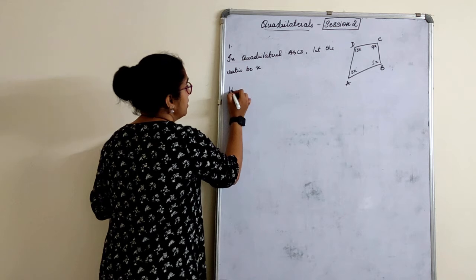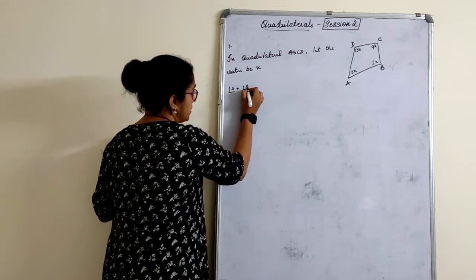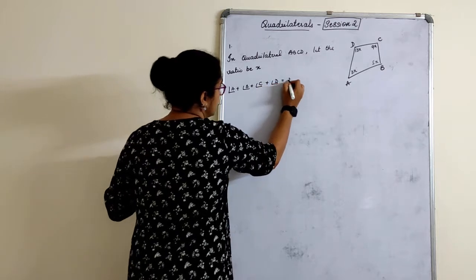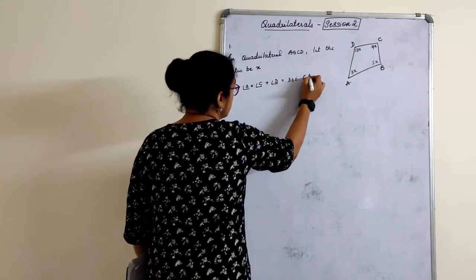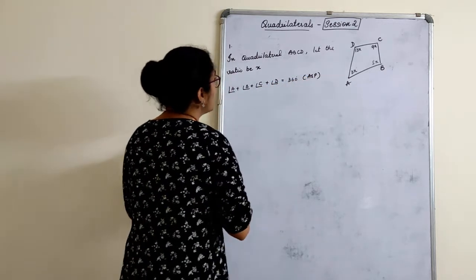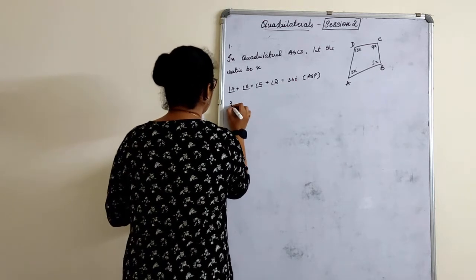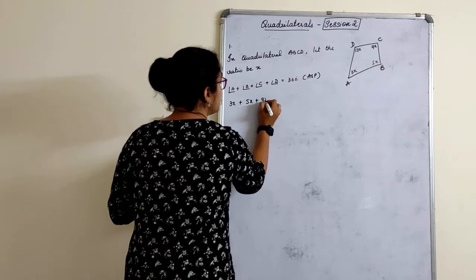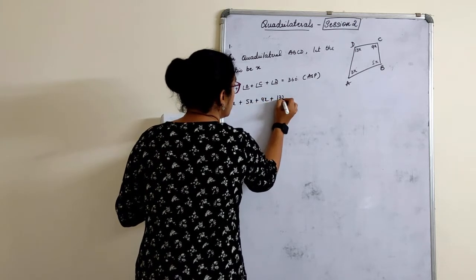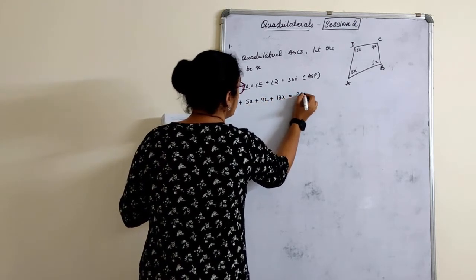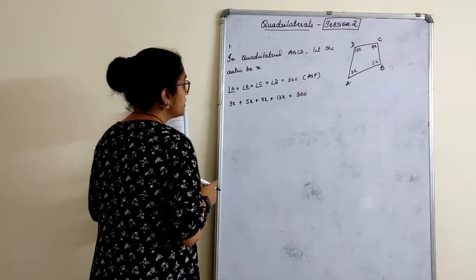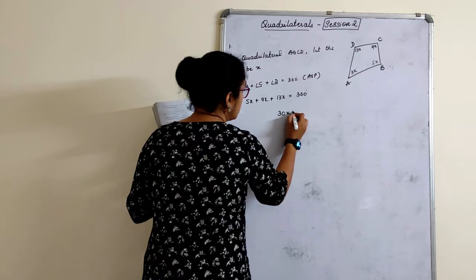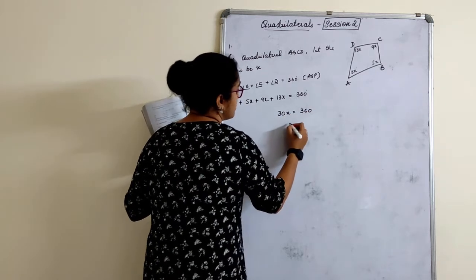Can I say angle A plus B plus C plus D is equal to 360 degrees, by the angle sum property? So 3x plus 5x plus 9x plus 13x is equal to 360. So 9 plus 13 plus 5 plus 3 gives you 30x is equal to 360.